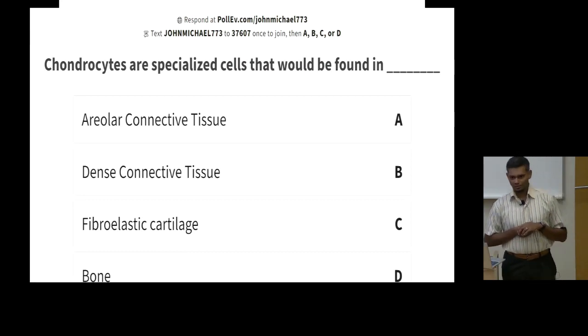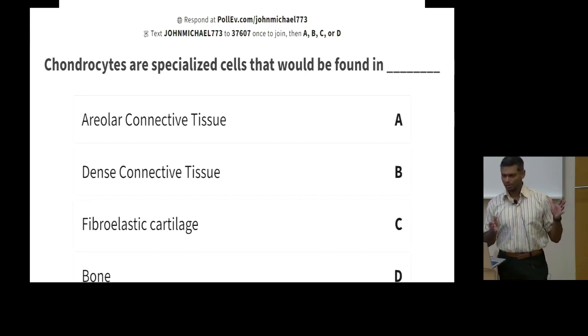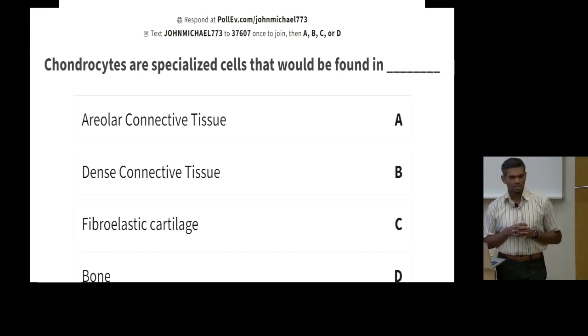Yesterday I told you that when you think about different types of connective tissue, you want to keep in mind what are the various cells found in these connective tissue. So this question is based on that. So chondrocytes are specialized cells that will be found in areolar connective tissue, dense connective tissue, fibroelastic cartilage, or bone. Which do you think is the right answer?